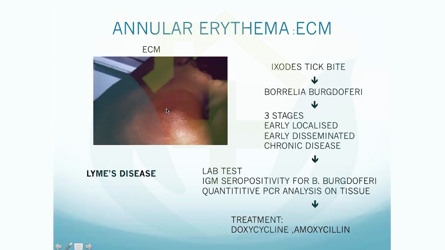If you are lucky, you can see the site of the bite, and lab tests can confirm the diagnosis. It responds wonderfully to doxycycline mostly. You can also use amoxicillin.